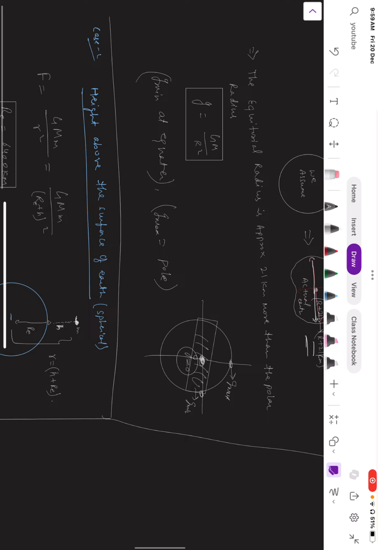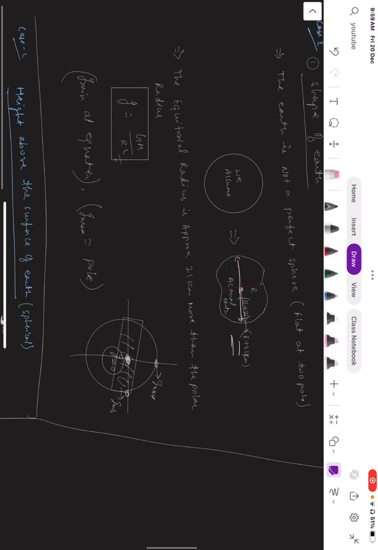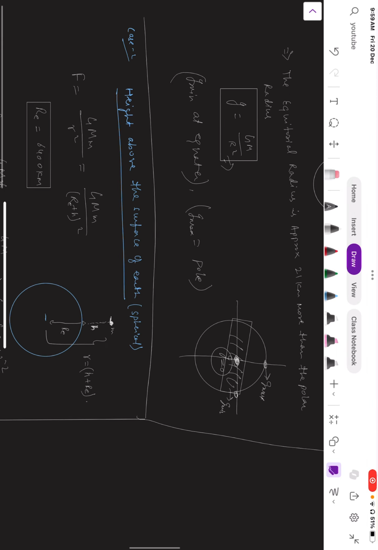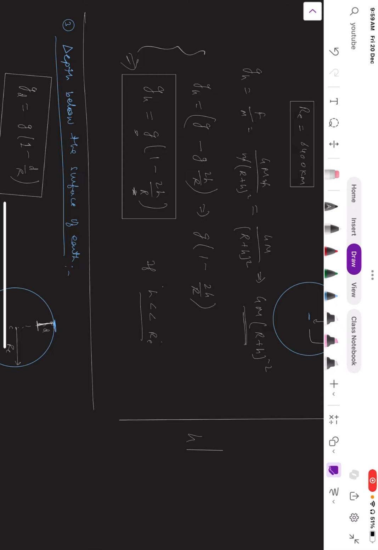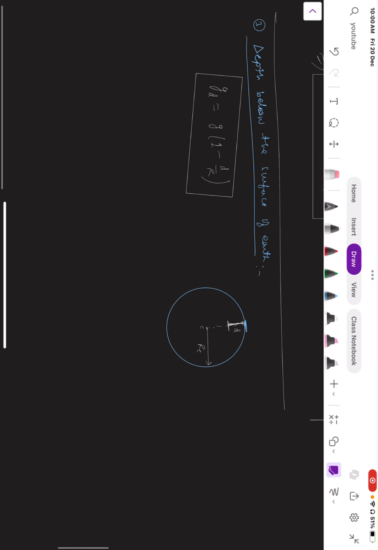Now we see how the gravity will vary. Firstly, in this case the gravitational force will be the same as we found previously. Here g minus this value applies when you go to the height h from the surface of earth. When you go to the height h from the surface of earth, definitely your gravity will decrease. And the third part is when you go g minus this value: when you go under the earth towards the center, then at the center gravity will be zero.